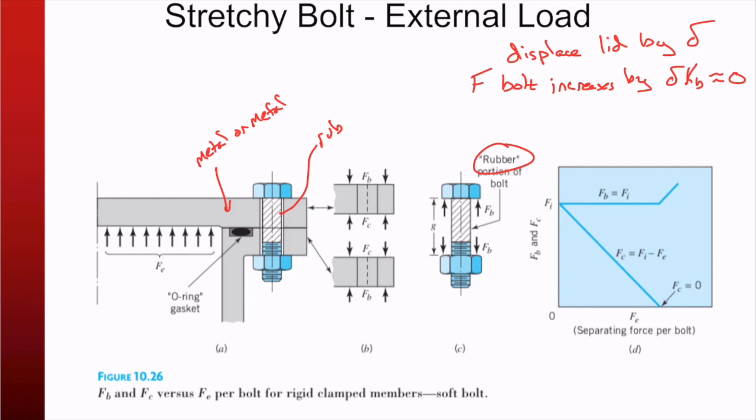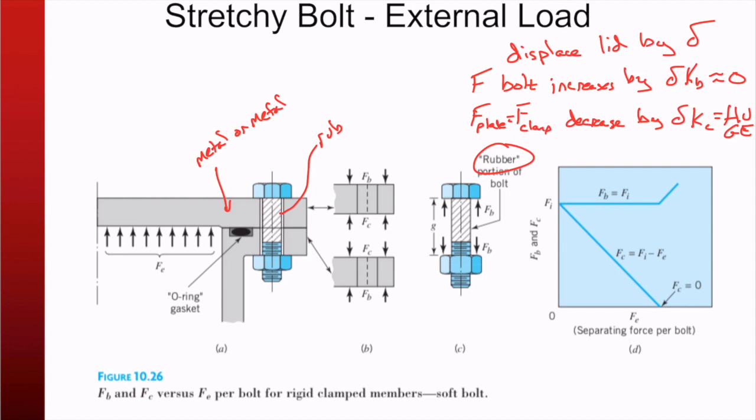So it doesn't increase at all. Whereas the clamp, F sub plate, we'll call that the clamping force, decreases by that same delta times the stiffness of the clamped members, the clamping stiffness, which is huge.